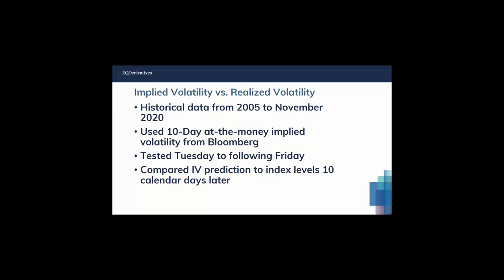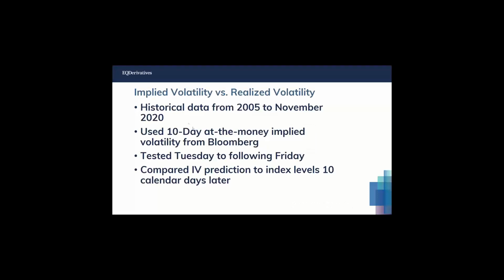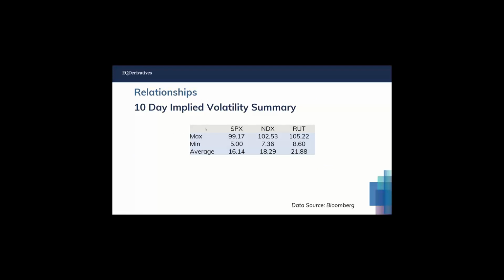Not all index options are the same, I guess is the best way to put it. So I looked at the 10-day implied, and I used all of the numbers from 2005 to 2020. This gave me about 350 or so observations. I threw out all of the holiday weeks. And I looked at, okay, what's the 10-day implied volatility?